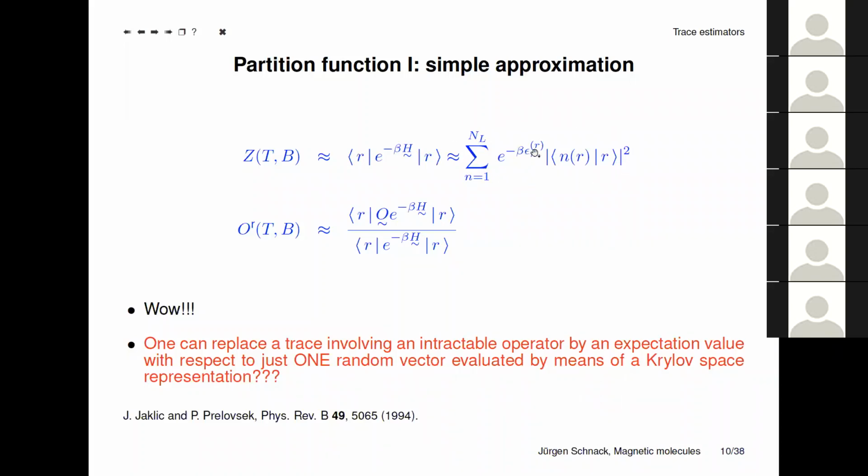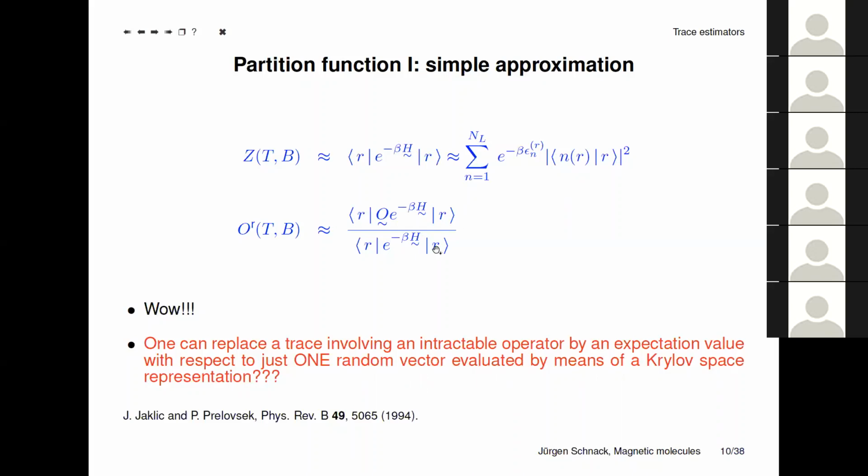Here epsilon n are the eigenvalues of the Hamiltonian in the Krylov space, and the kets and bras are the eigenstates. And these are approximate numbers. Nevertheless, putting them together gives a very good estimate of the partition function. And then an observable, such as the magnetization, would then simply look like this.